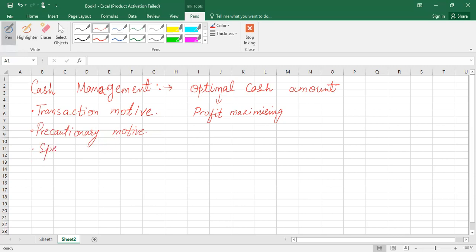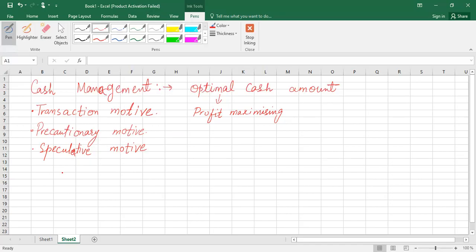The third one is called the speculative motive. Here we hold cash so that we can avail the benefit of profit if there is any investment opportunity in a short period of time which can give us significant gain immediately.